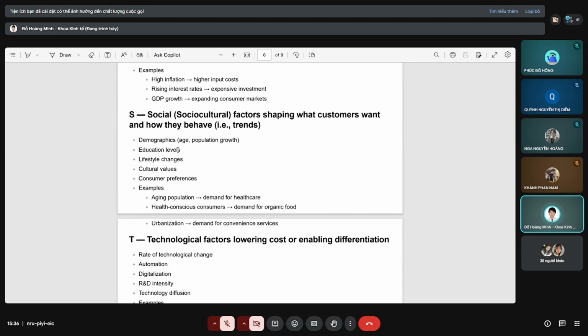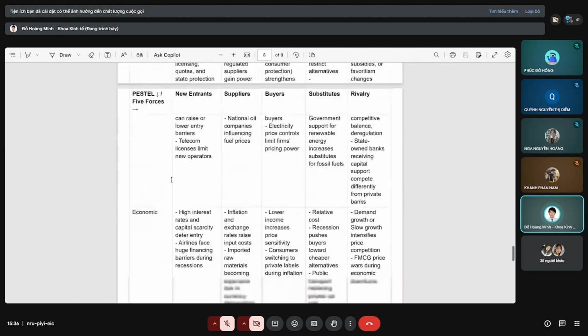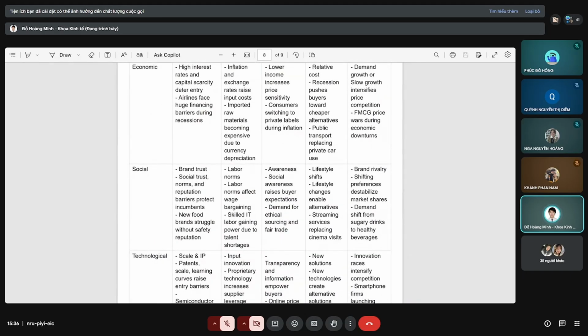Okay? So let's see how the social factors can change the course of each competitive force. First is the potential competitors. Brand trust, social trust or norms, and reputation barriers will protect the existing competitors.